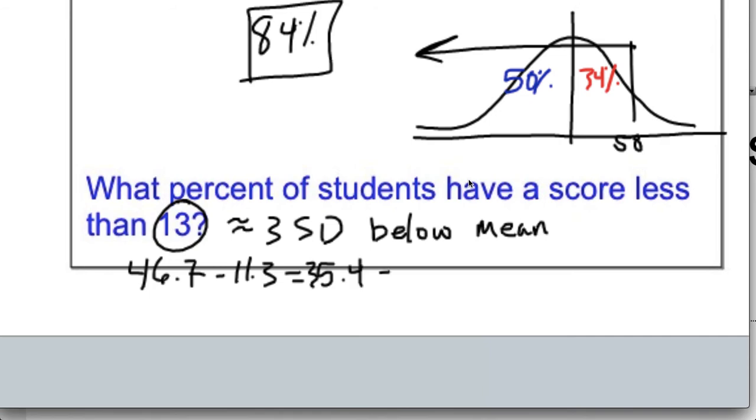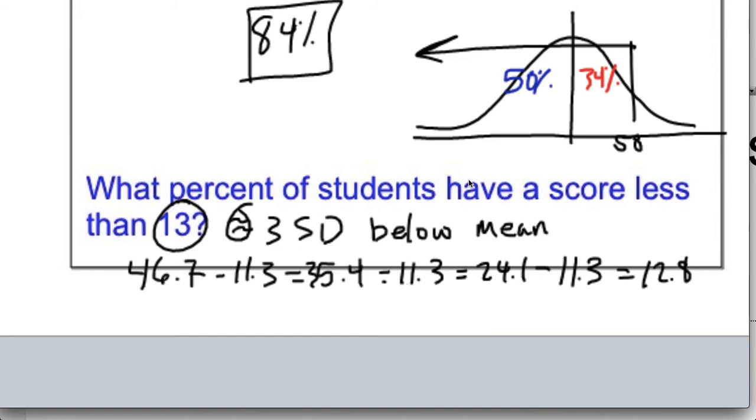If I subtract 11.3 again, I get 24.1. If I subtract 11.3 a third time, I get 12.8, which isn't exactly 13, but that's why I said it's about 3 standard deviations below the mean.